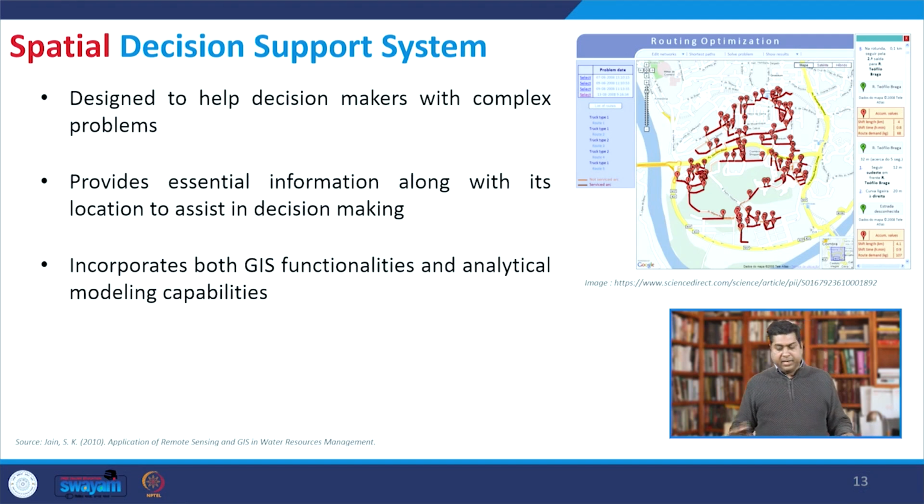Now coming towards the end of this discussion, nowadays you must have heard about the spatial decision support system. In this case, once we have that geolocated information, and it is fetched with real time information, some decisions can be made very well. I give you one example, say, a transport network.